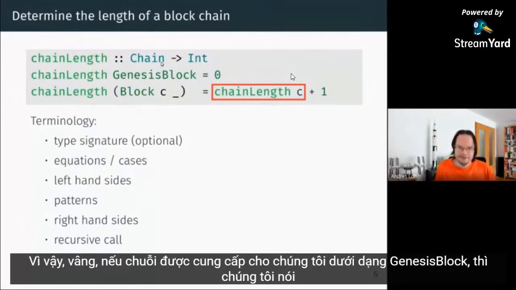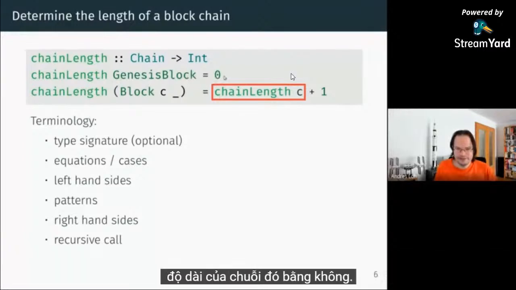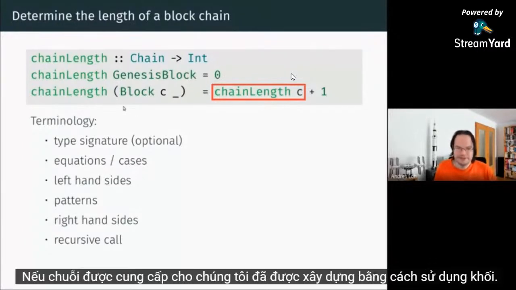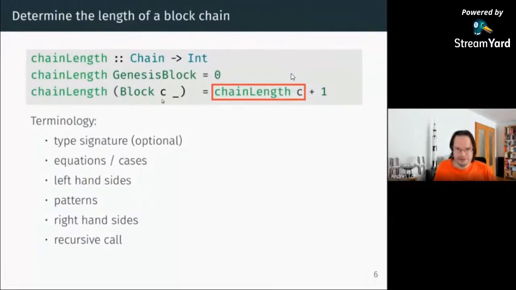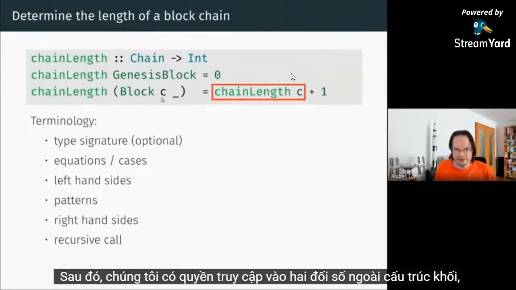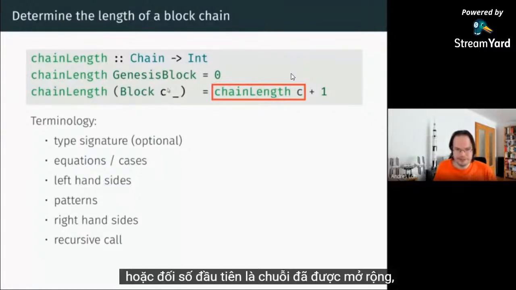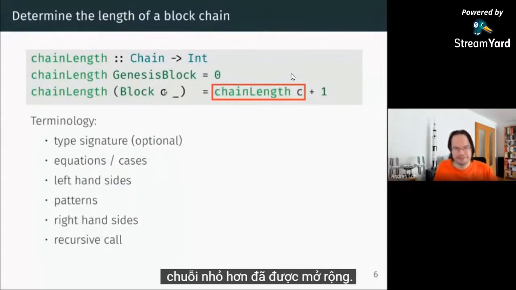So if the chain given to us is a genesis block, then we say the length of that chain is 0. If the chain given to us has been constructed using block, then we have access to the two arguments of the block constructor. The first argument being the chain that has been extended, that is the smaller chain that has been extended.